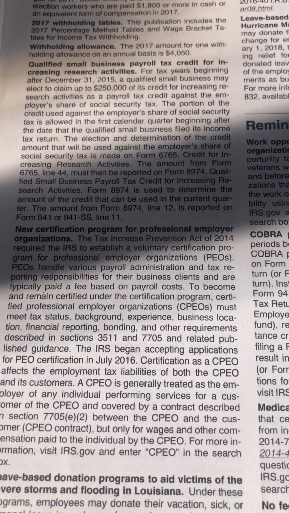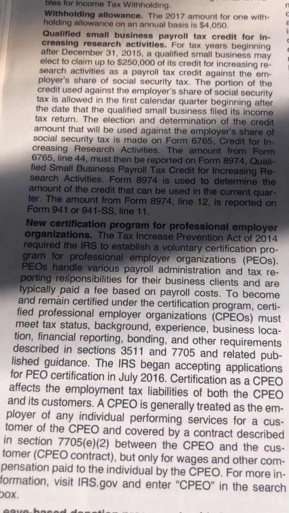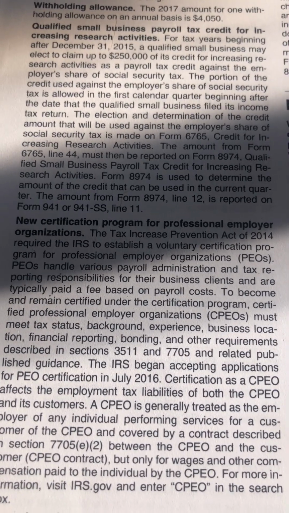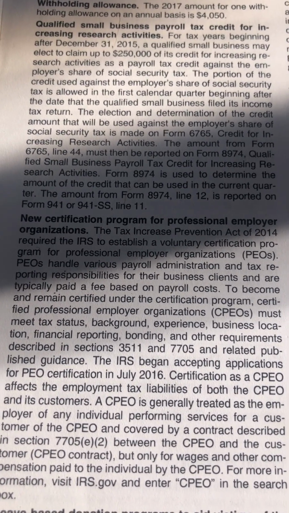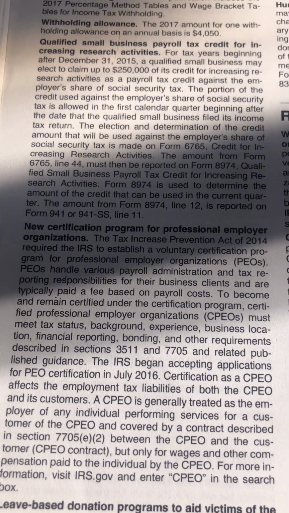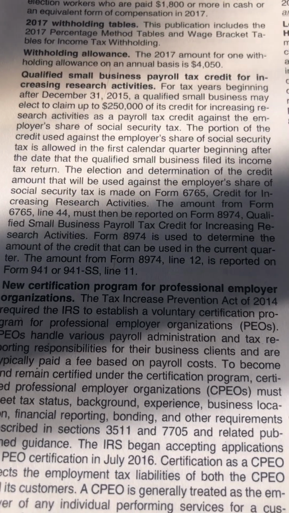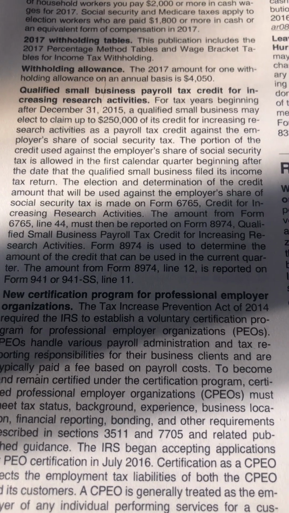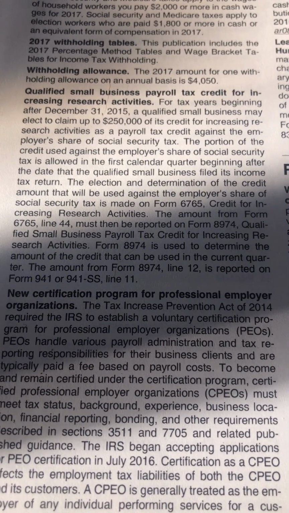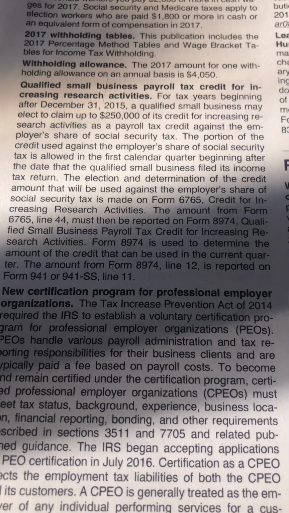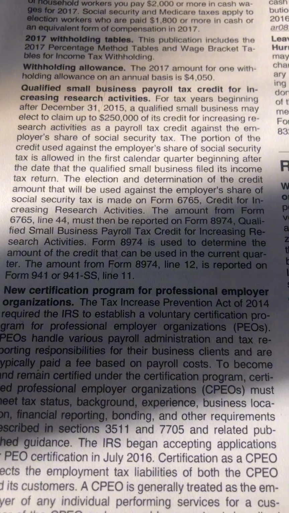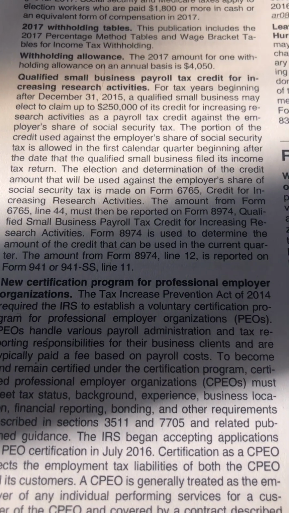That would be a good thing to spend money on if you have a lot of research to do. I don't know where the line is with that. It seems like that might be a question, the small business qualified payroll tax credit for research activities, and that's a $250,000 credit.